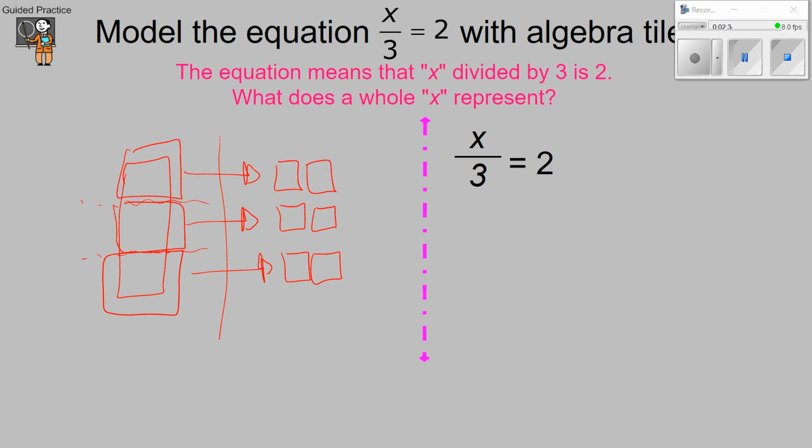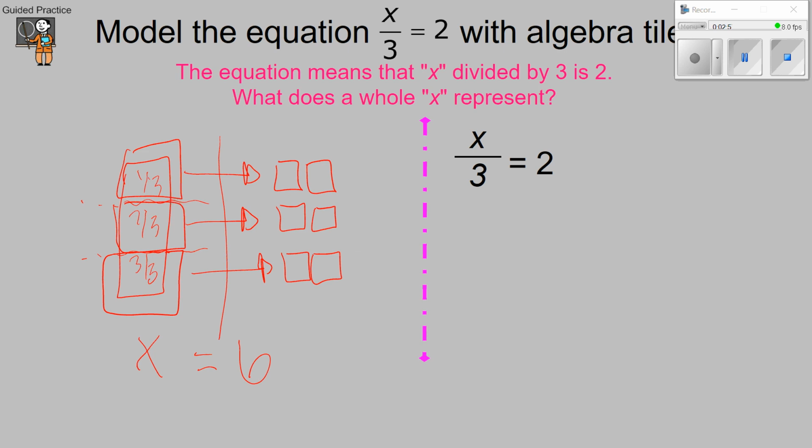So when I look at this problem, I have 1/3 of x, 2/3 of x, and 3/3 of x, which is a whole x, which means that 1 whole x equals 6. Okay, so that's my model.